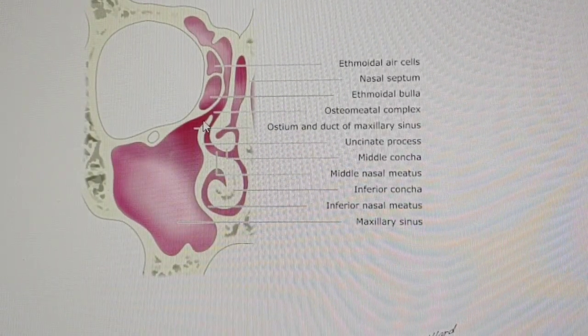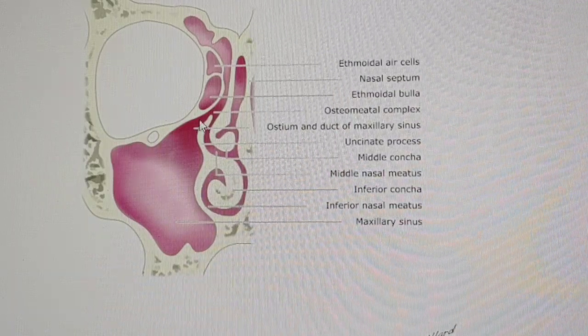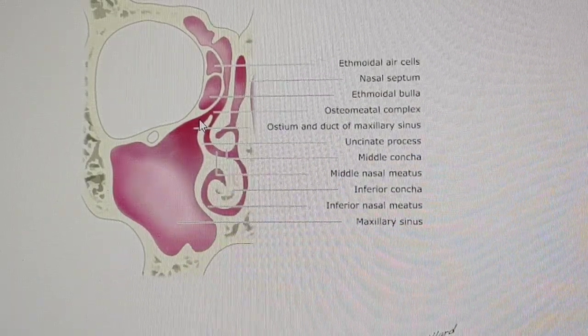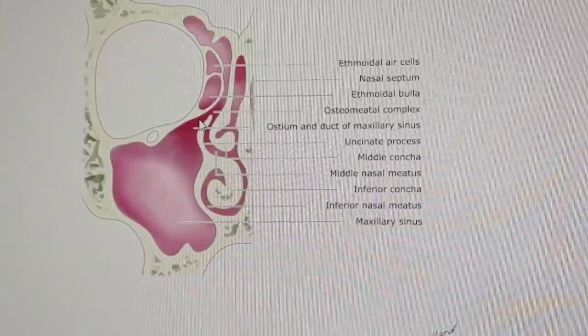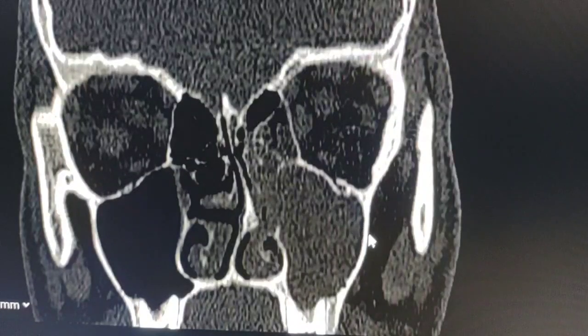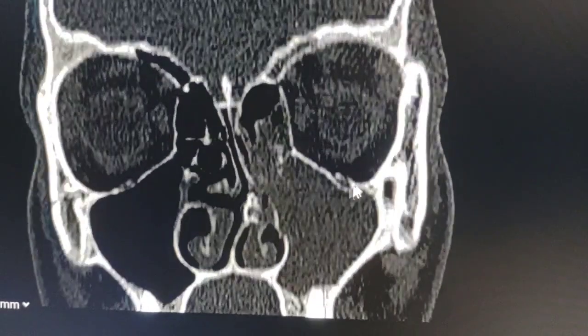In case of blockage of the osteomeatal complex, the normal drainage is compromised. So sinusitis may develop, like in this case.